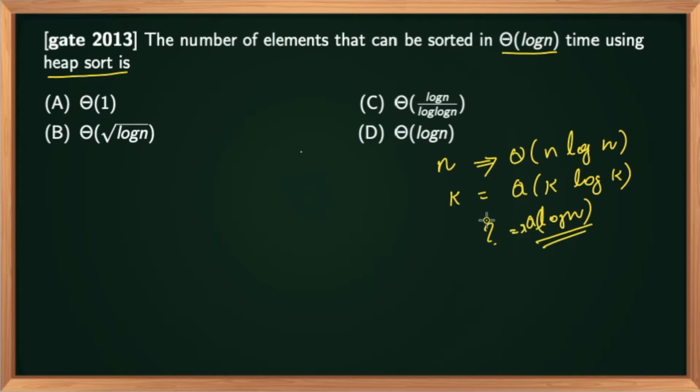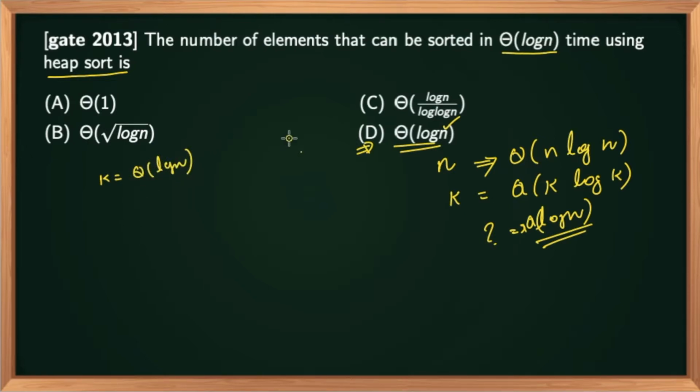Let's take choice D first, that looks easy to me. It says that you can sort log n elements using log n time. So let's assume k is equal to theta of log n.